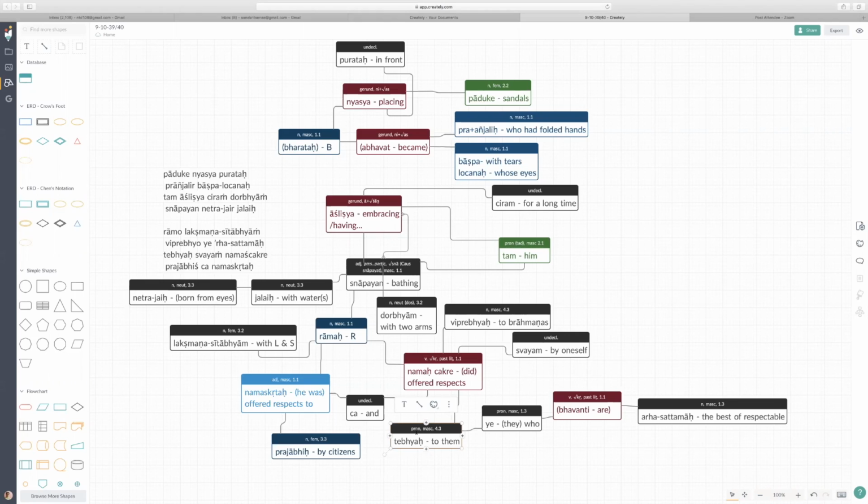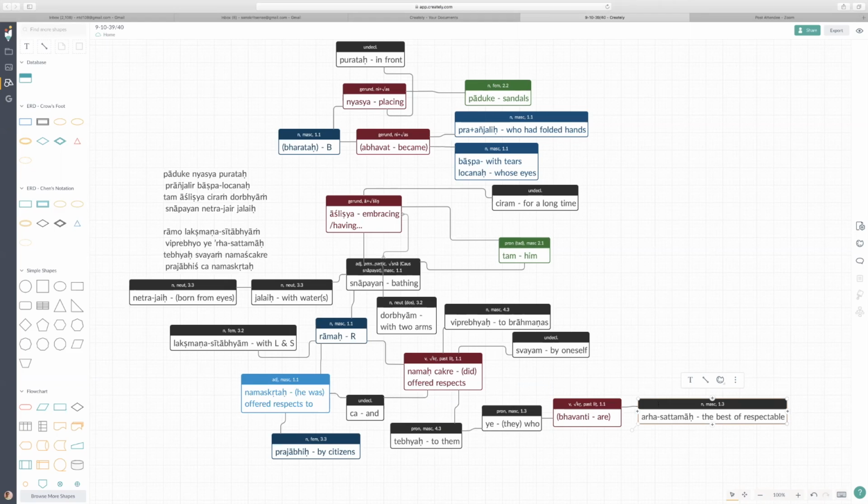Even when we say those who are, we do imply a verb always, even if it's a dependent clause. It still is a sentence. It still is a small, complete unit in itself, even though a dependent one, which has a verb. So therefore, without bhavanti, just ye arhasattamaha wouldn't work.